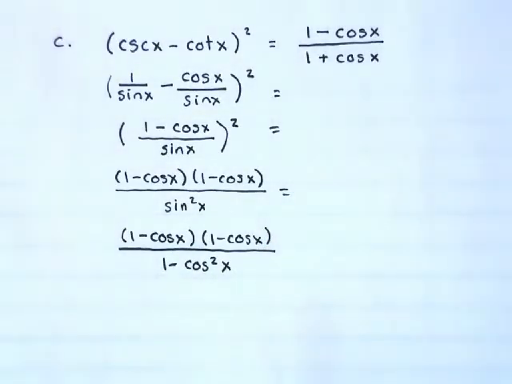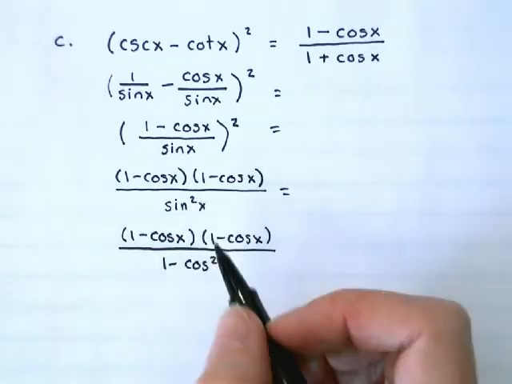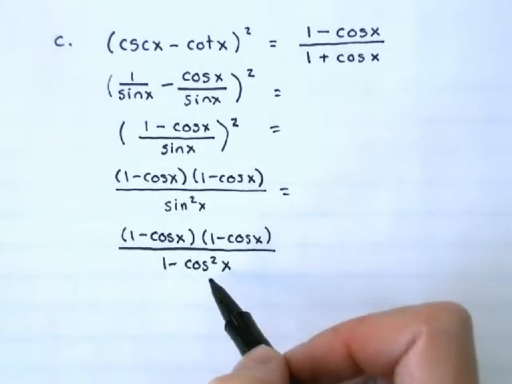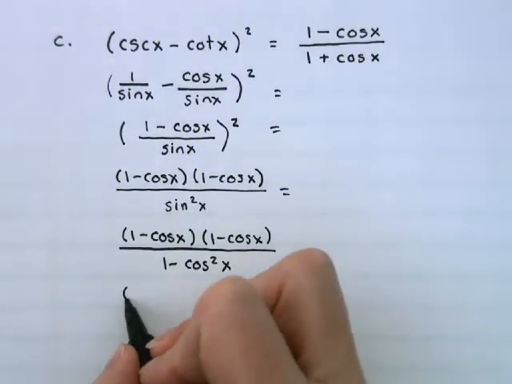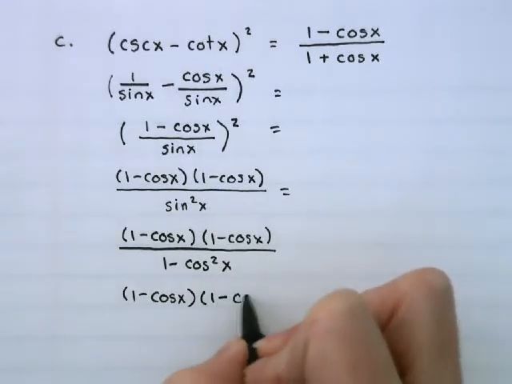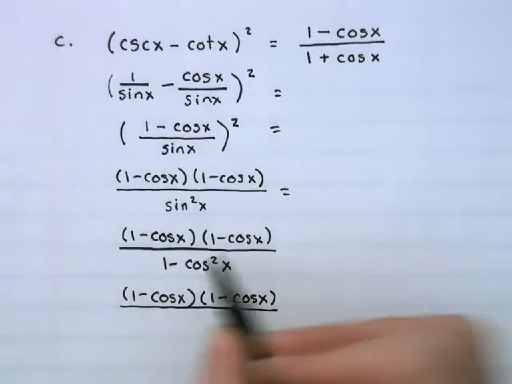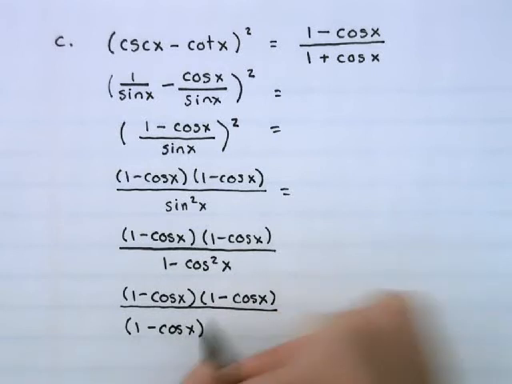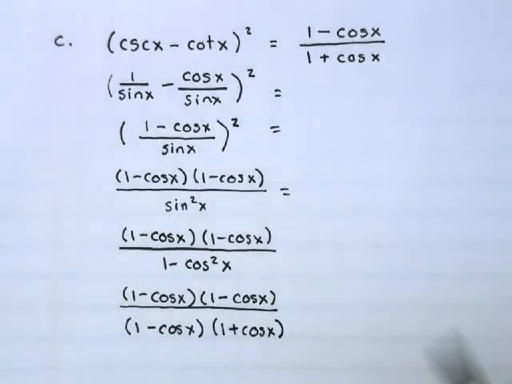Okay, we're trying to get 1 plus cosine, and this will happen a lot in these, where we're going to factor, and this is really the difference of two perfect squares. So that's going to factor. I'll rewrite the numerator there. The difference of two perfect squares is going to be 1 minus cosine of x times 1 plus cosine of x.